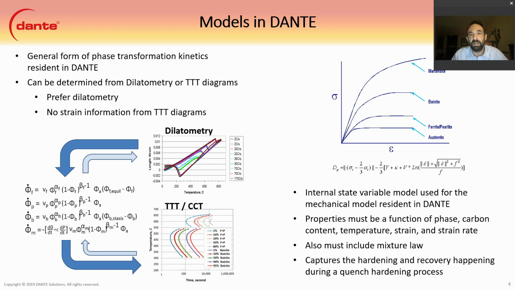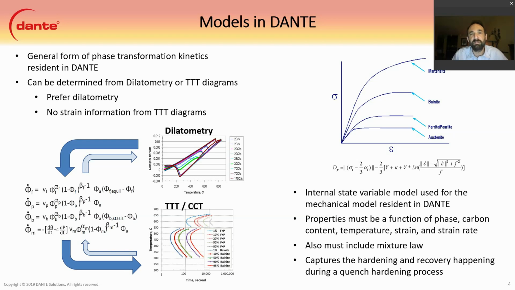The figure on the right shows the internal state variable model, which is used inside of DANTE, the generic form anyhow. The properties of this internal state variable model must be a function of phase, carbon, temperature, strain, and strain rate. They also must include a mixture law, since at any given time one element can be made up of multiple phases.